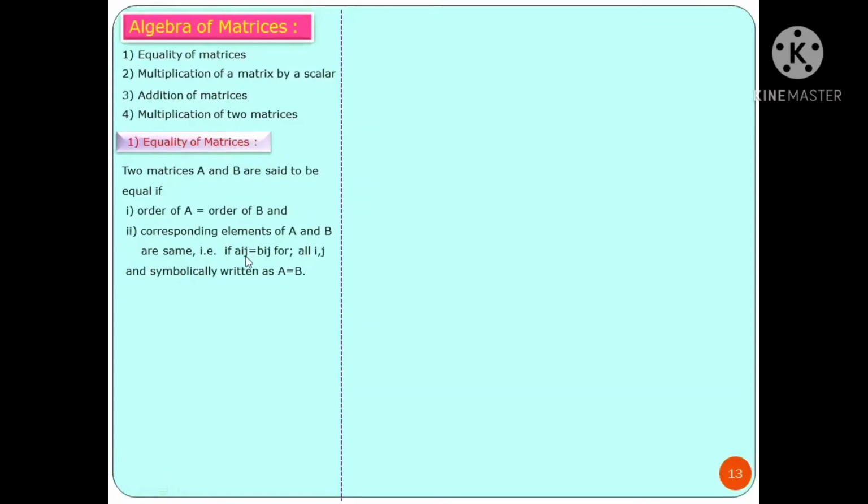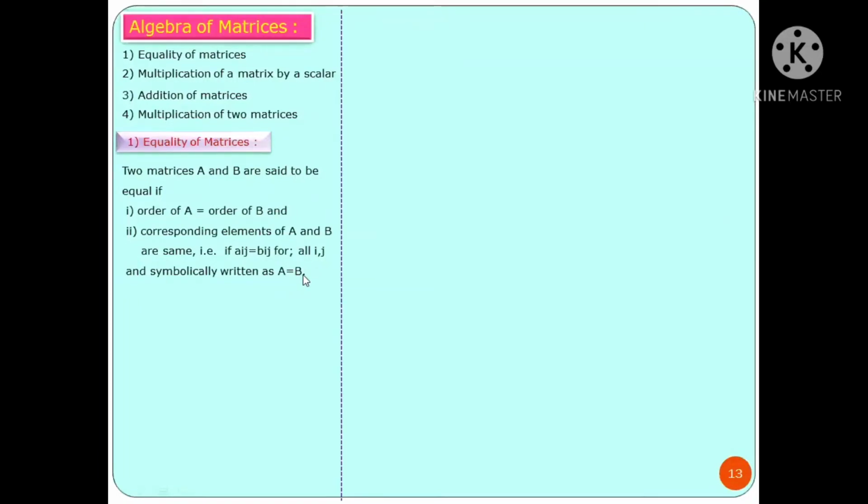That is, element Aij is the same as Bij for all values of i and j. Symbolically written as A equals B, that is, matrix A and matrix B are equal.